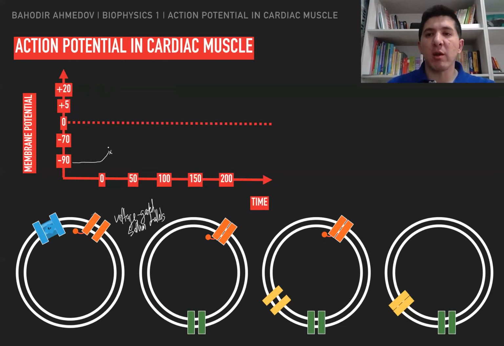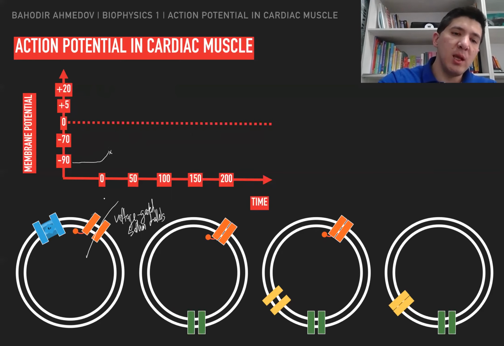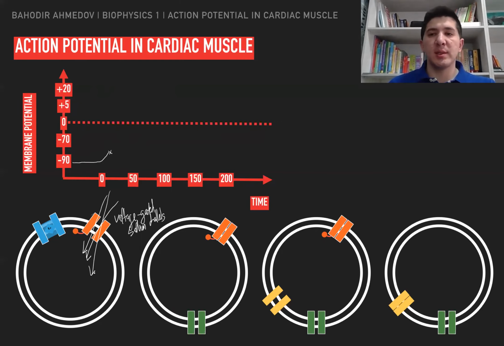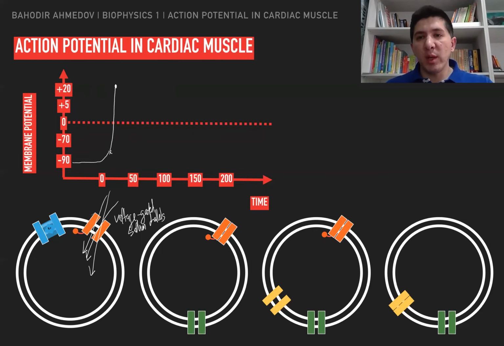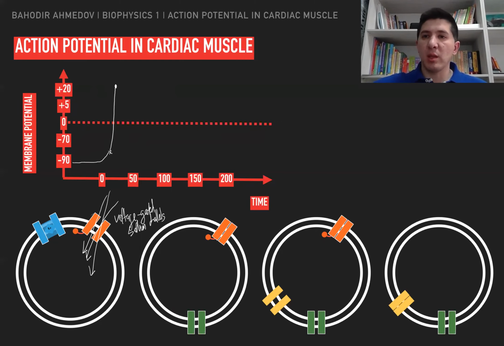This will trigger other voltage-gated sodium channels to also open. They are going to be open widely and let lots of sodium ions go inside the cell. This will increase the charge inside the cell dramatically, until plus 20. When it reaches plus 20 inside the cell, the membrane potential is plus 20 because lots of sodium ions went inside.